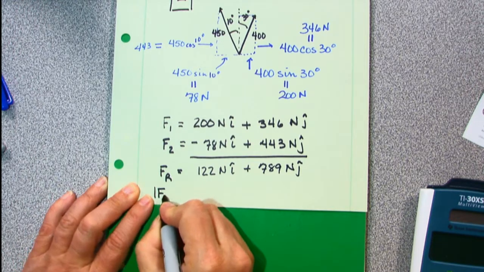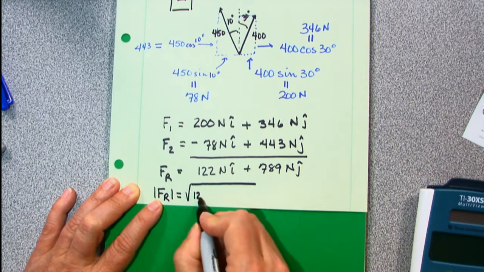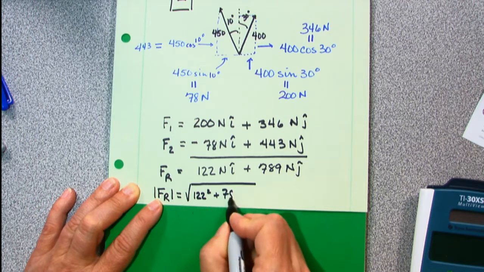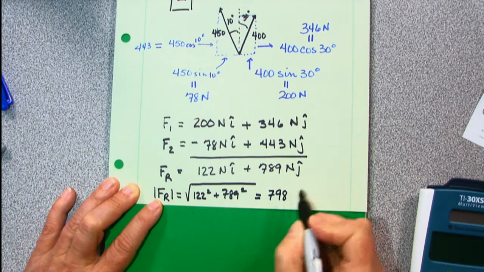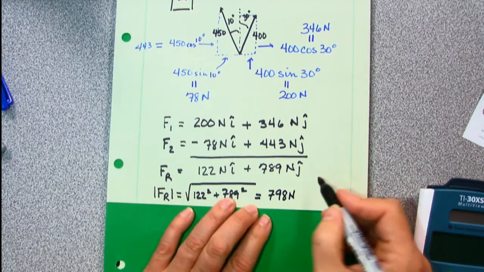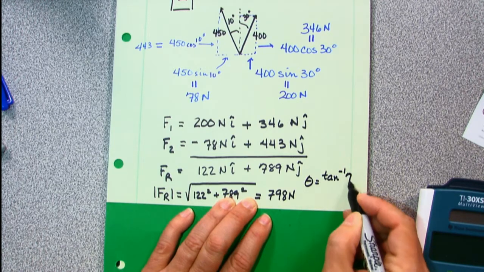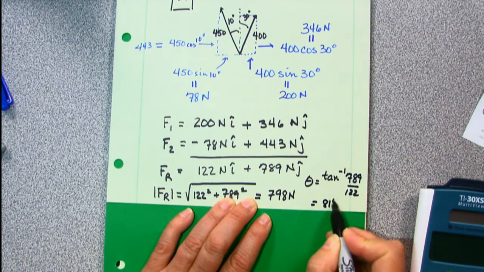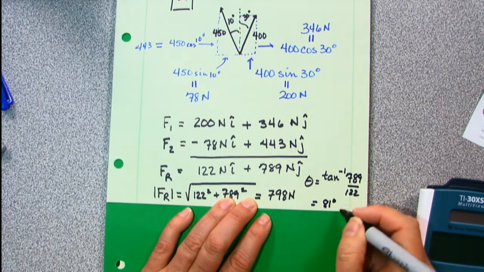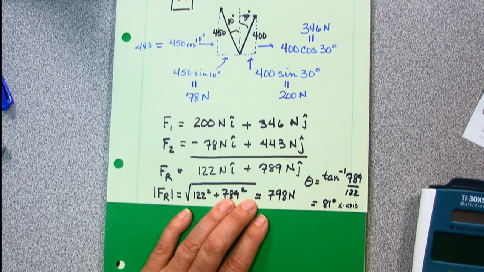The magnitude of my vector is the square root of 122 squared plus 789 squared, which equals 798 newtons. My angle is the arctangent of 789 divided by 122, which gives me 81 degrees, and this is from the x-axis.